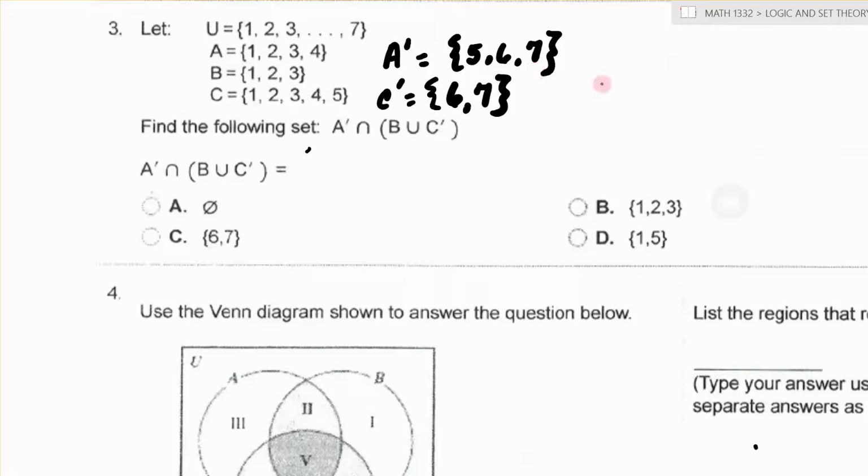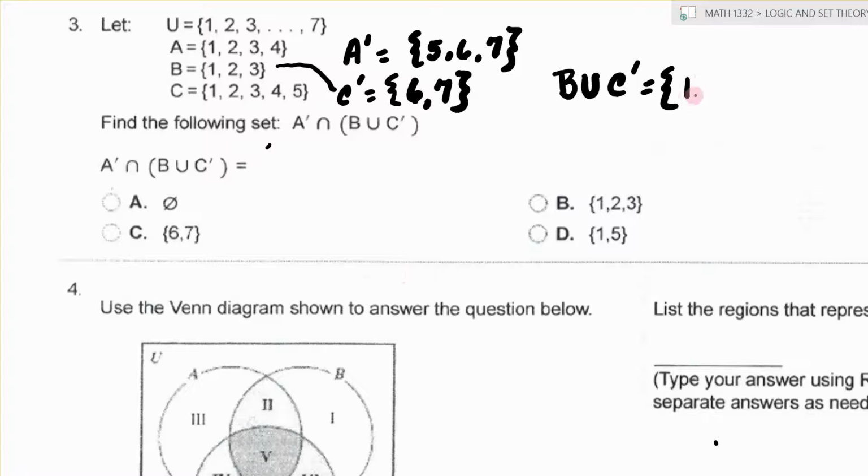So now I will look at B union C complement. So I am combining B and C complement. And that will give me the 1, the 2, and the 3 that come from B, and the 6 and 7 that come from C.